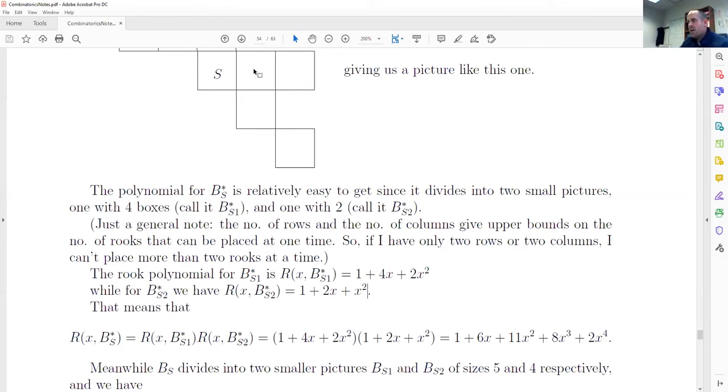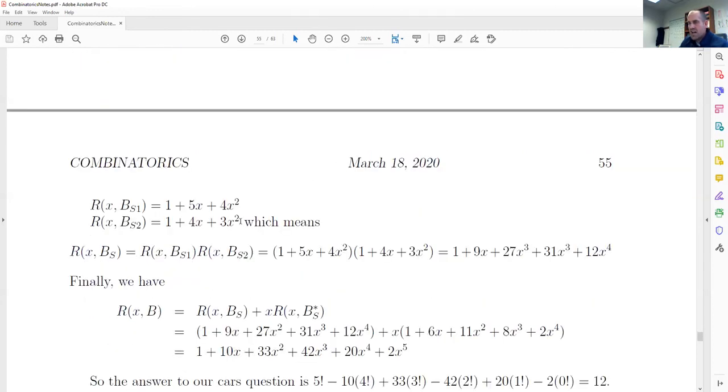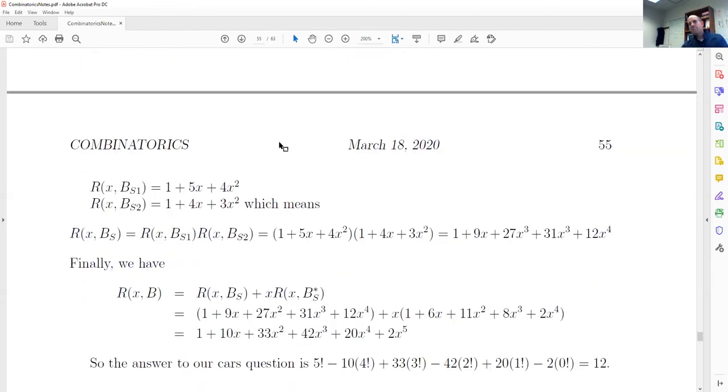So I had one situation where I place a rook here, so the second one has to go here. And I saw two situations here. So I'm seeing three ways to place two rooks in this little board of four squares. Three ways to place two rooks, which is exactly what's written right there, okay?